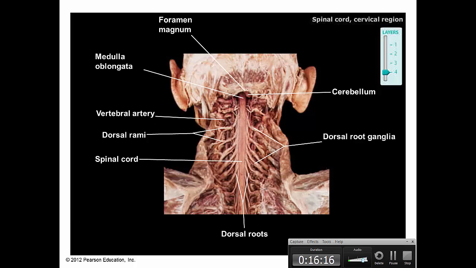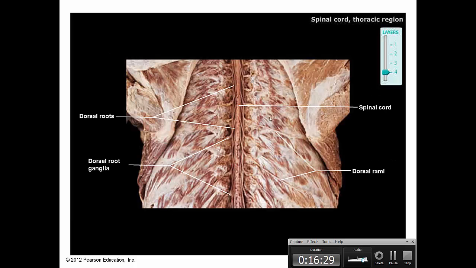Here's a nice view of the cervical part of the spinal cord. So here is my spinal cord, and these are my spinal nerves. Here we're looking at the thoracic part of the spinal cord.